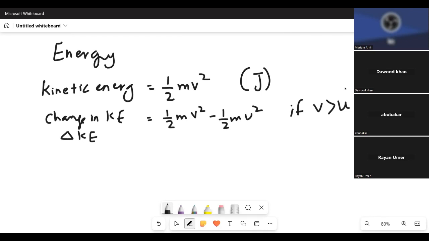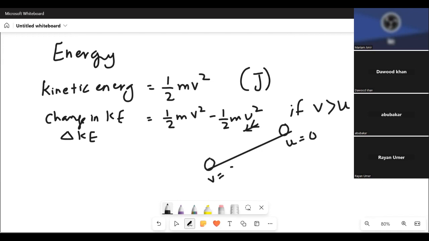For example, an object is going down the slope. Let's say its initial speed is 0, and its final speed is 5 meters per second, and let's say its mass is 50 kgs.